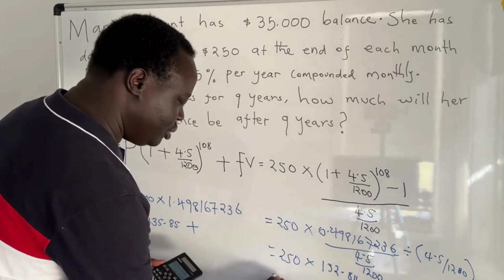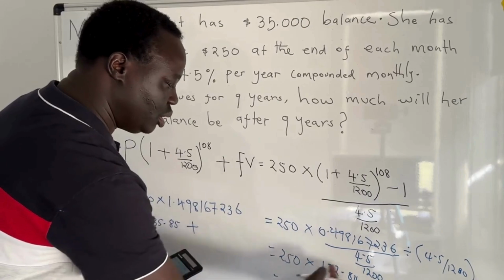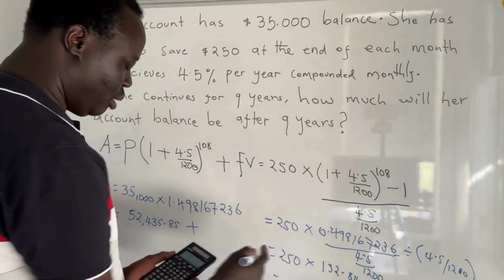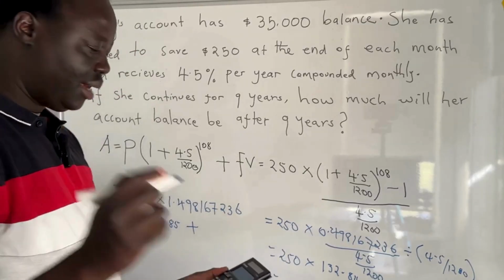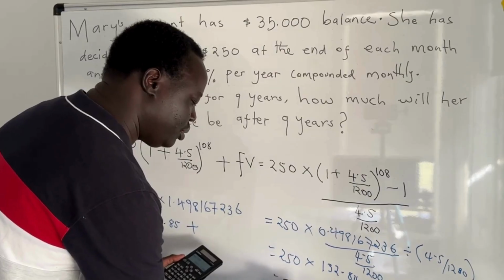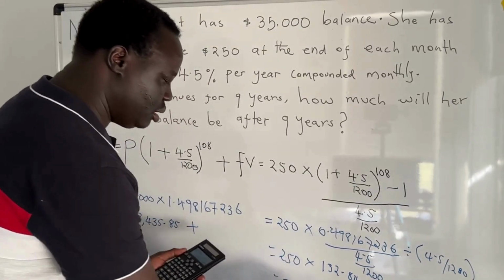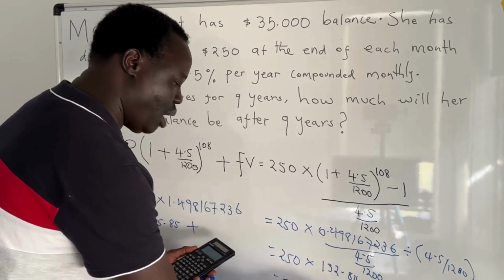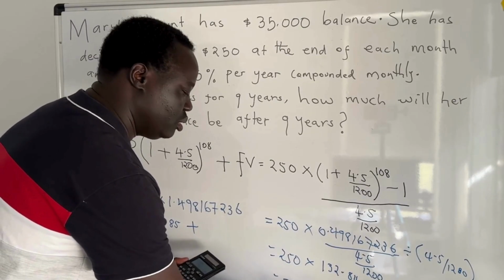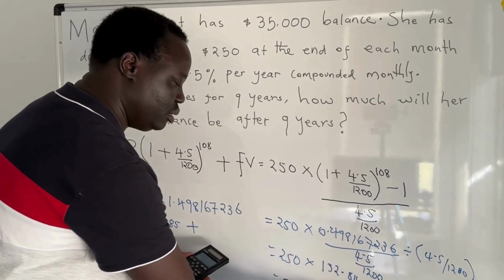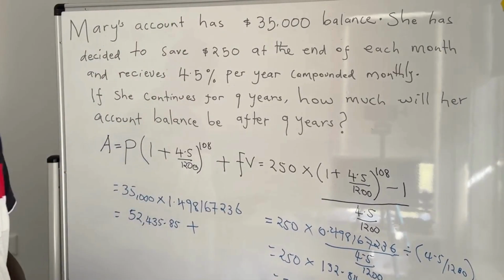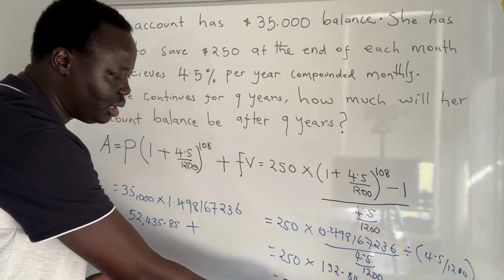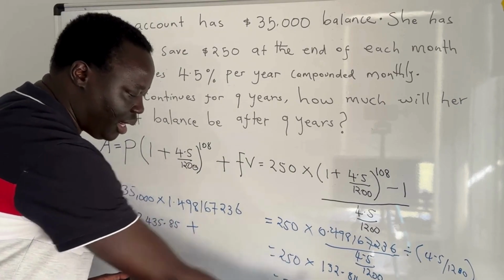You got this part left, which is going to be 250 times what you got here. So what you have here is going to be 33,211.14904. So this is $33,211 and that part.